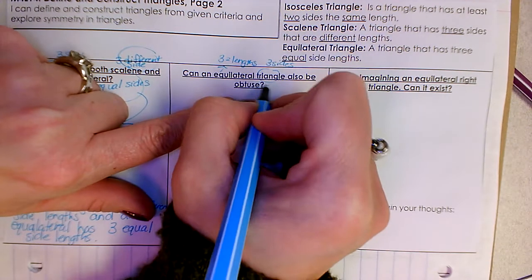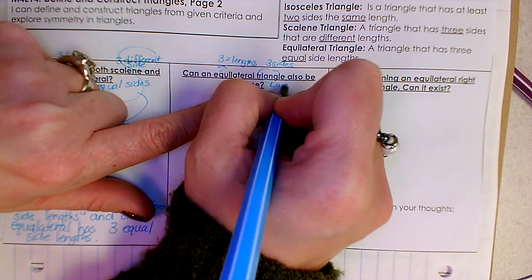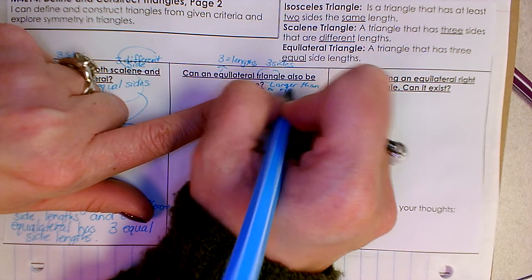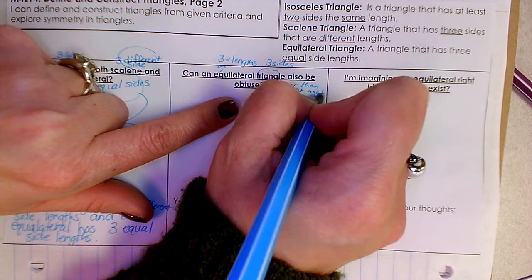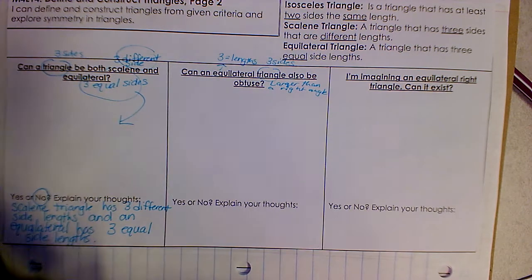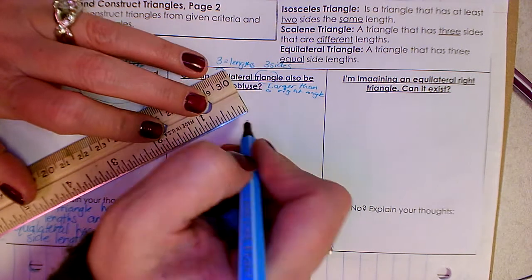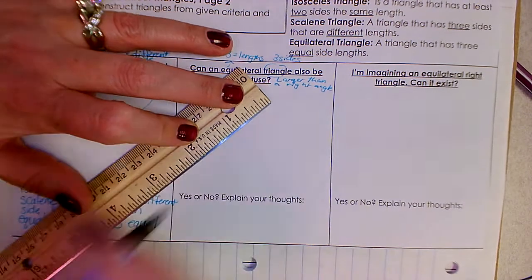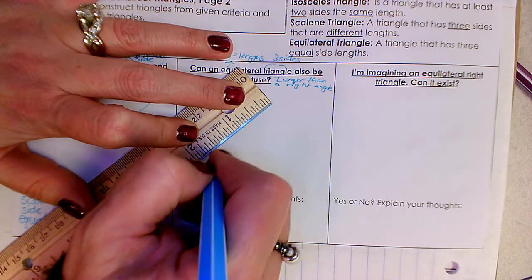And obtuse is larger than a right angle. So let's find out if we can do it. I'm just going to start with my straight edge. I'm going to measure this one. We'll make them each 2, and we'll find out if we can make them.